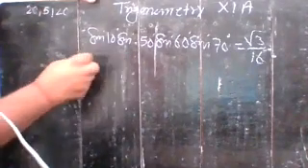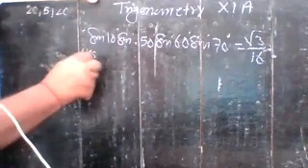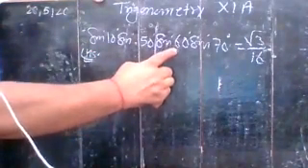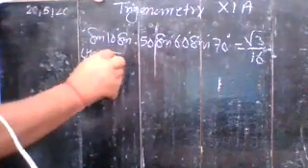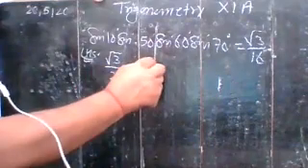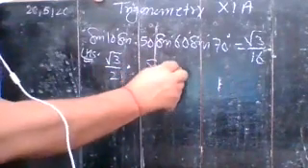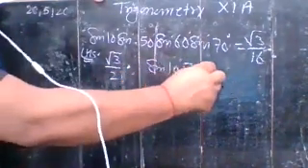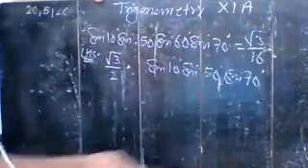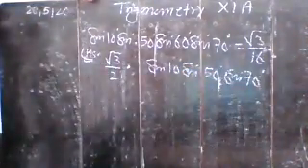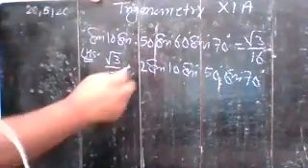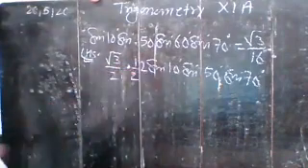So first of all, you take the LHS, the left hand side, putting the value of sine 60 degree which is root 3 by 2, and write its remaining terms: sine 10 degree, sine 50 degree, and sine 70 degree. Then you multiply by 2 and divide by 2 also.